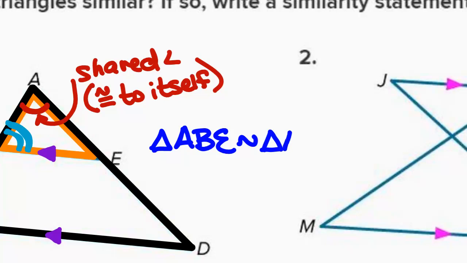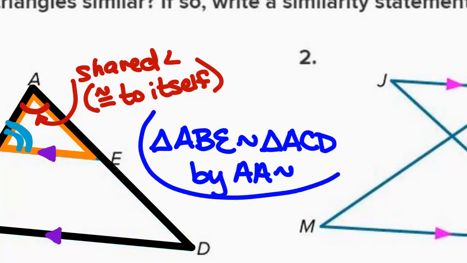Same one, A. Angle B in my little triangle is congruent to which angle in my big triangle? C. And angle E is congruent to D. So triangle ABE is similar to triangle ACD by angle, angle, similarity.